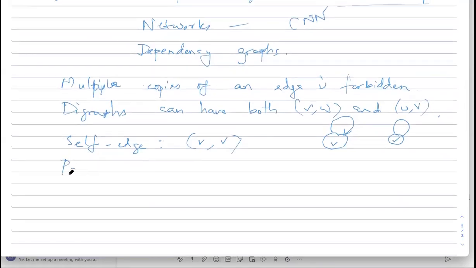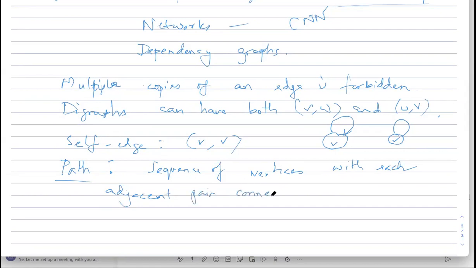What is a path? Similar to the trees, a path is a sequence of vertices with each adjacent pair connected by an edge.